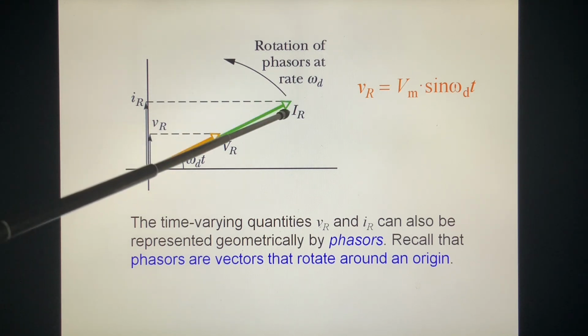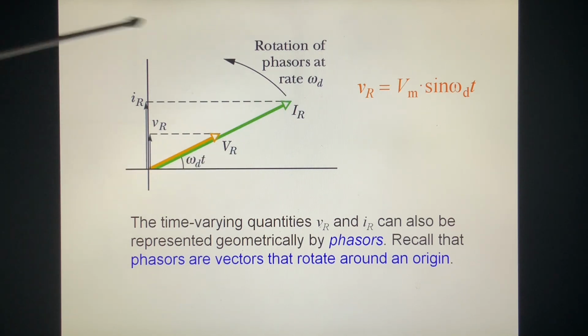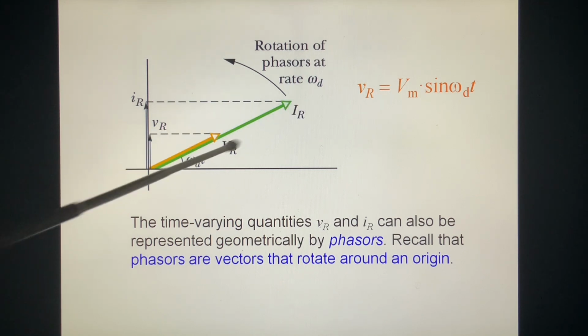This is their magnitude, and it rotates with angular velocity omega d. Now this angle is omega d t, and the projection on the vertical is the alternating voltage and current: VR equals VR sine omega t, and IR equals IR sine omega t.